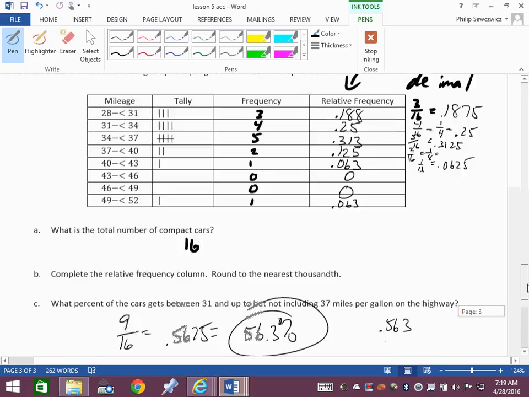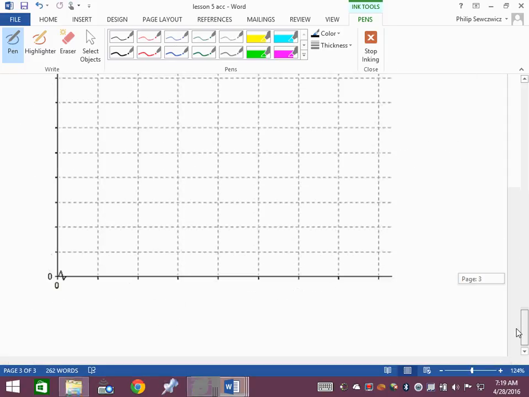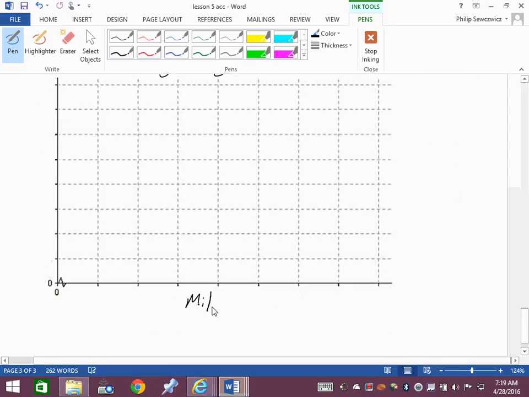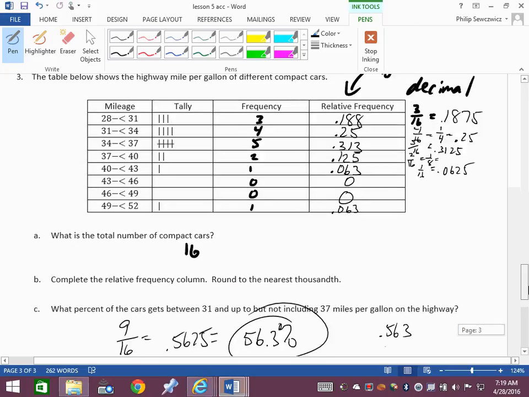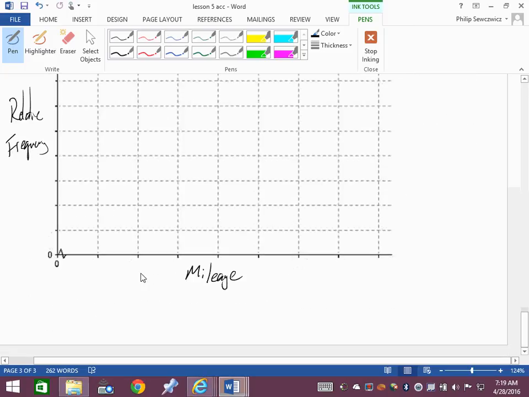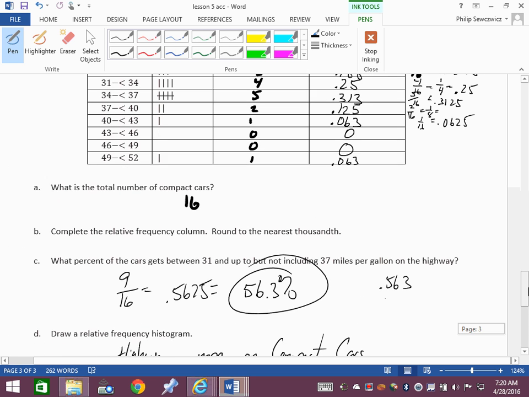All right, so what do we got down at the bottom? Well, the information, all those numbers there, this was the mileage. So we're going to put mileage down here. Up here, this is going to be the relative frequency. We're going to start labeling there. So you can keep on moving with me here. 28 to 31, and you can see they're always going up by groups of three.